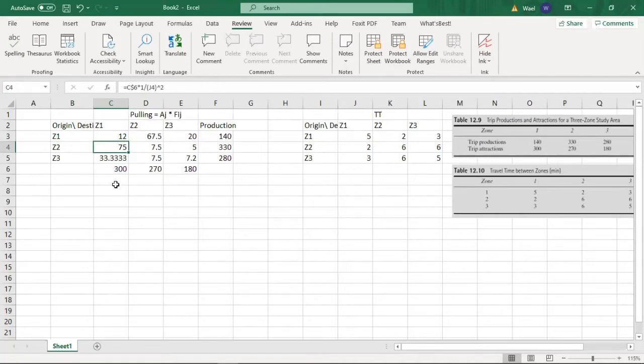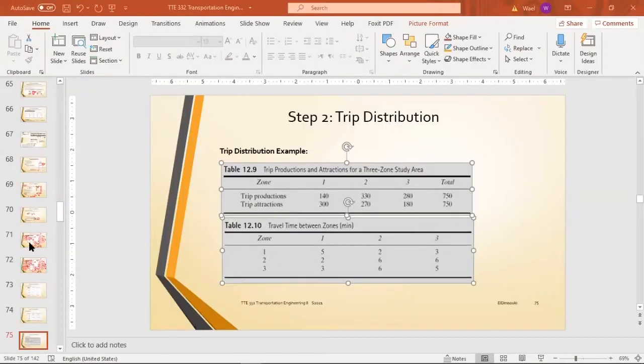Let's now do the second step, which is basically the trips T_IJ, which equals the production of I multiplied by A_J multiplied by F_IJ, divided by the sum of A_J multiplied by F_IJ, which is basically this equation.